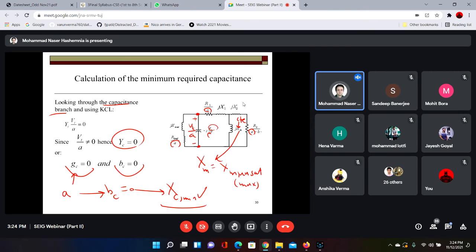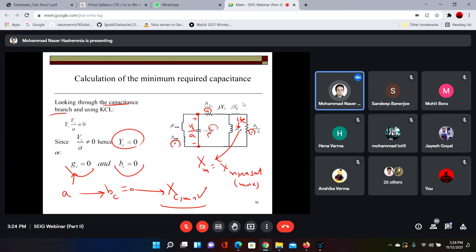You have a constant B, you have constant other parameters. Then Xm also is constant here. Why is it constant? Because if XC is going to be the minimum value, then the corresponding value of magnetizing reactance should be the unsaturated value, which is the maximum value, which is known from the curves.